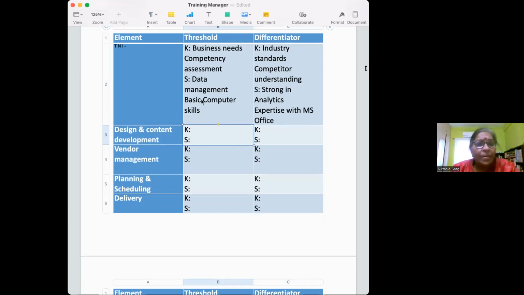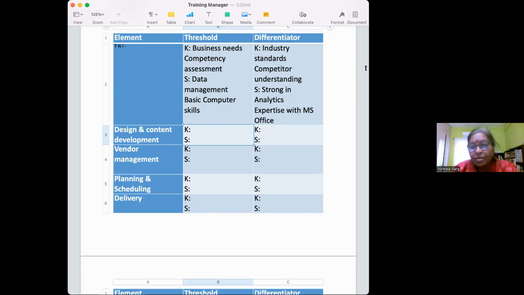If I'm trying to identify needs, I have to have knowledge. First of all, your business needs competency assessment. You need a very good understanding of the roles and the responsibilities of all the functions.